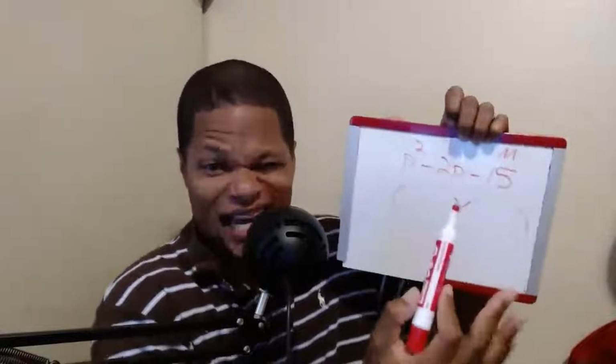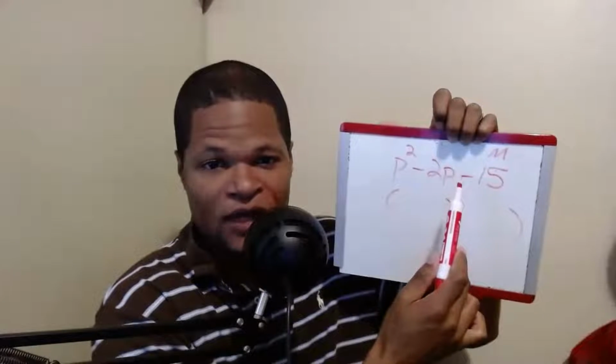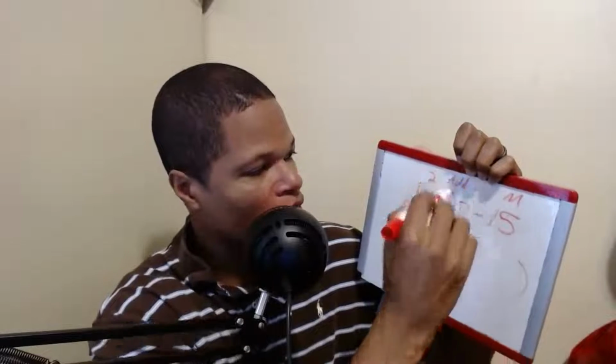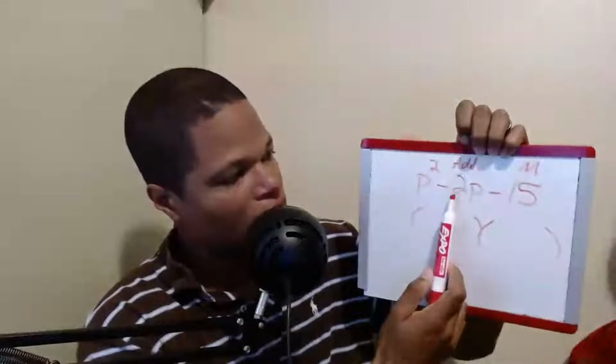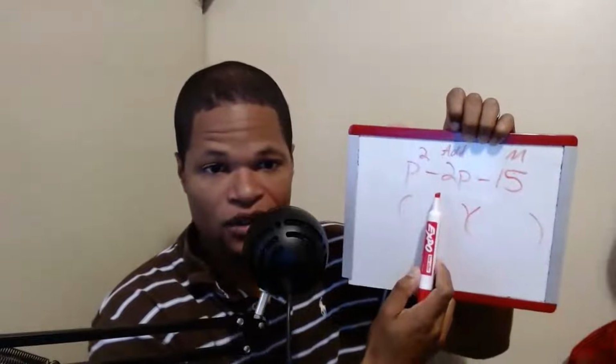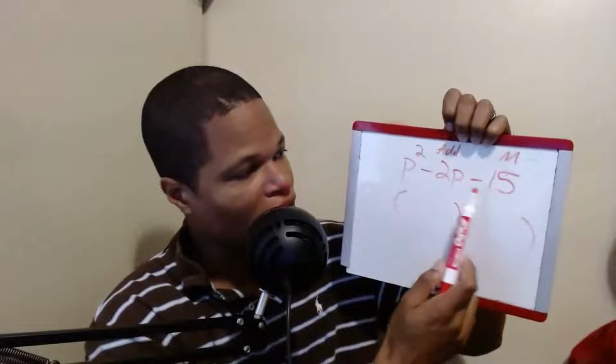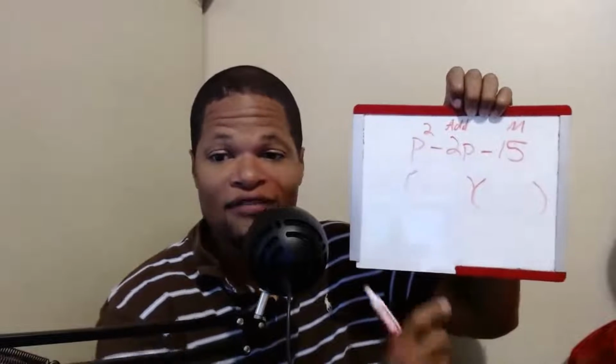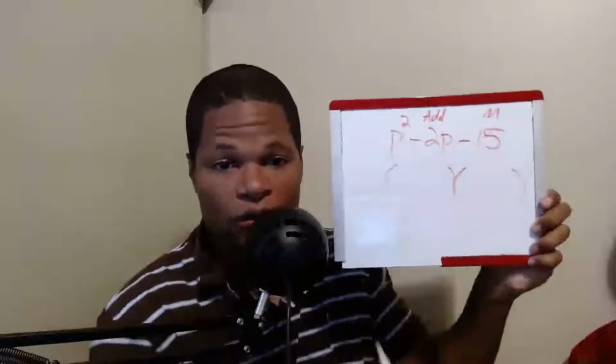Think of that as a negative 15, okay, because of the minus sign. It has to multiply to negative 15, but at the same time, it has to add to the middle coefficient, which is negative 2. It has to do those things. Multiply to negative 15, add to negative 2. And you've got to think about it. And you might have to test some stuff and go to the drawing board, right?